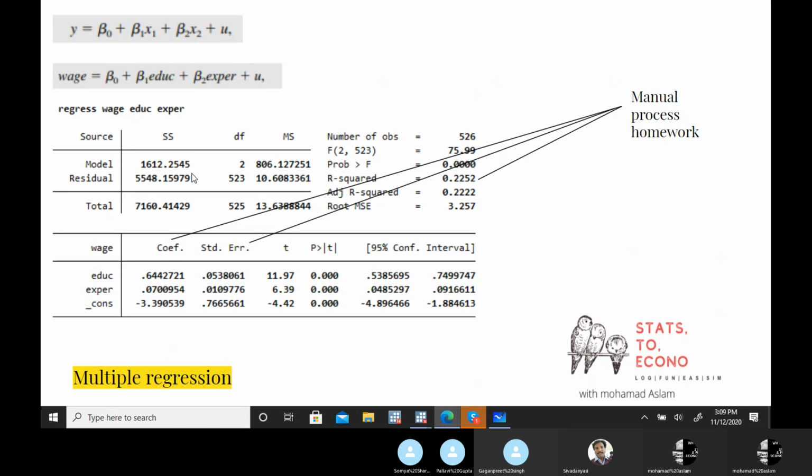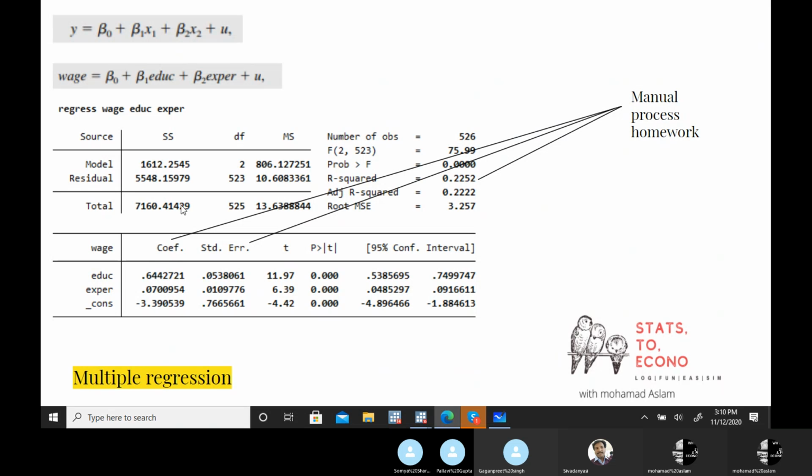These include the explained sum of squares, the residual sum of squares divided by degrees of freedom, then the mean sum of squares for the explained part and for the residual part. I'm going to share these formulas as well today.